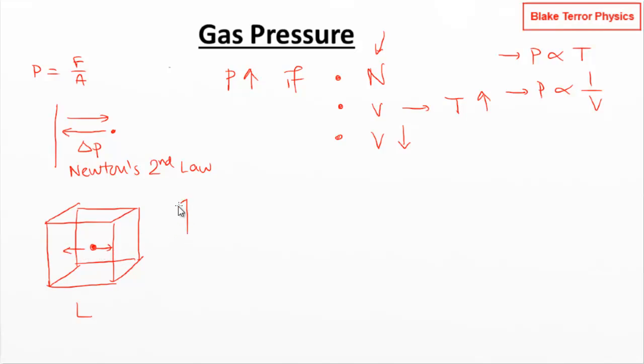So if we've got our 3 dimensions of the cube, the motion of the particle is just in the x direction. So we can say it's moving with some speed c subscript x, and we want to look at the collisions that it makes with one particular surface of the box.